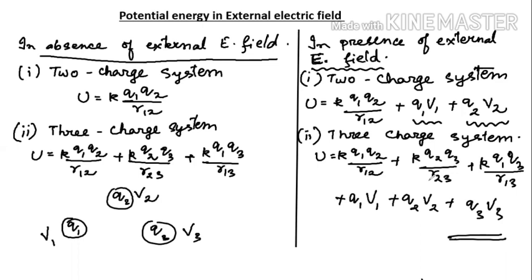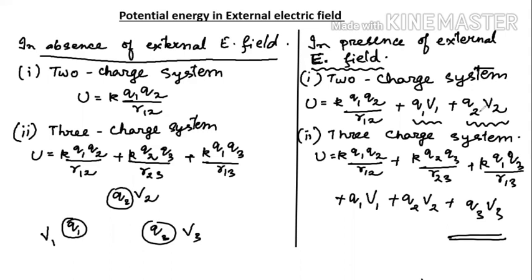Okay. So all you remember one thing: if you don't have an external electric field, your potential energy will be only due to the system of charges. But if you allow an external electric field, the net potential energy will be due to this system of charges placed at different positions, and also due to the electric field applied on those charges, which will give potential V1 and V2.